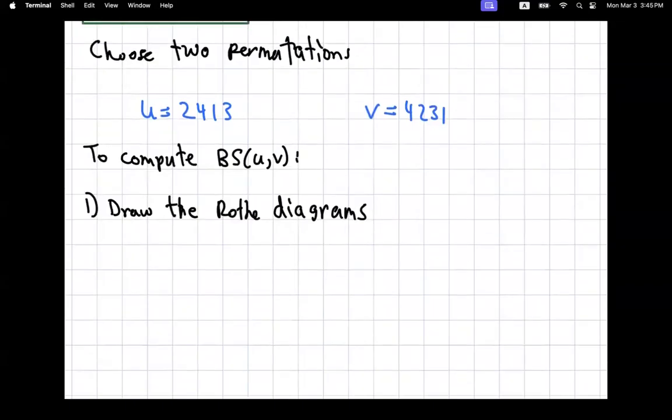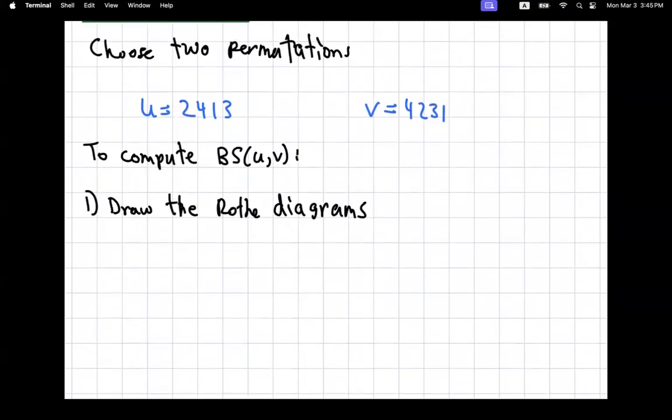This time we're going to draw the rothe diagrams, not the dual rothe diagrams. So for U: 2, 4, 1, 3.